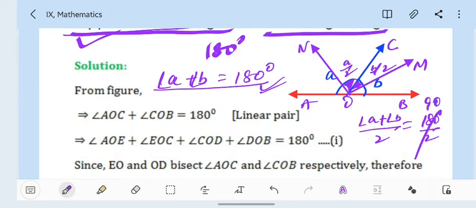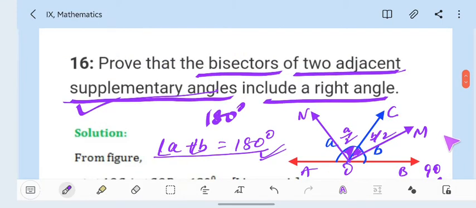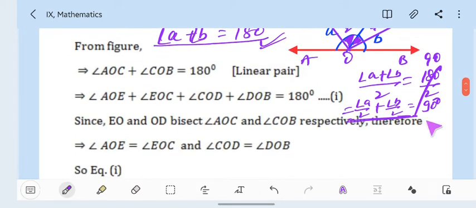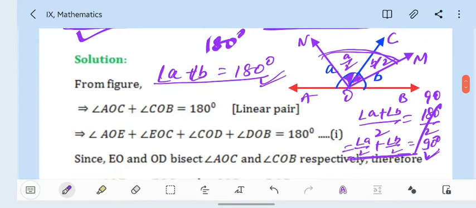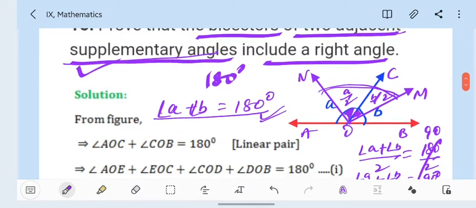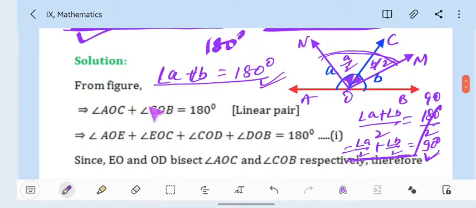That gives you 90 degrees. Now separate it. This becomes angle A by 2 plus angle B by 2 equals 90 degrees. But A by 2 and B by 2 is nothing but angle MON, this angle, right? And this is equal to 90 degrees. This is the proof.